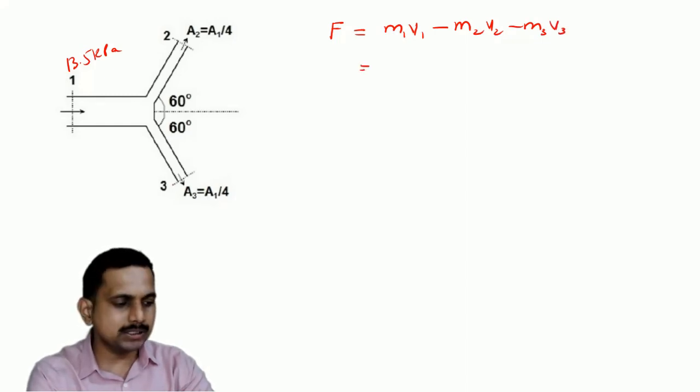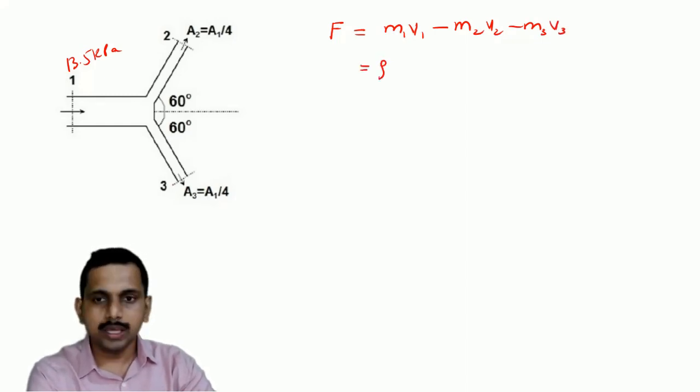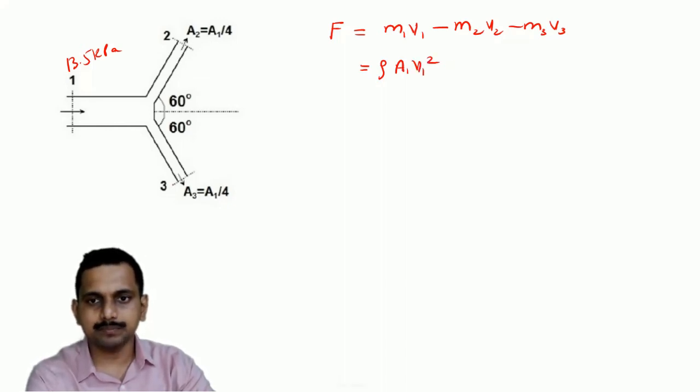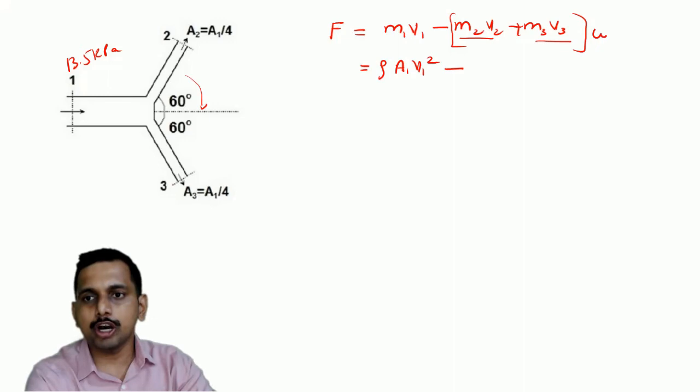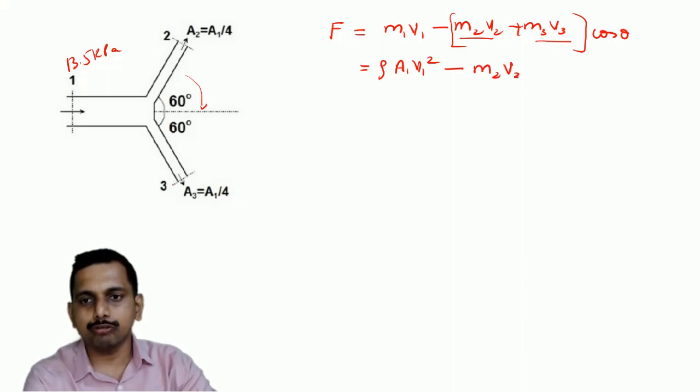Now this can be written as rho A1 V1 square minus M2 V2 and M3 V3, which are the same. Now V2 and V3 we cannot take directly here. V3 should be in this direction, so we have to multiply this by cos theta, where theta is equal to 60 degree. So I can write this as M2 V2 cos 60.